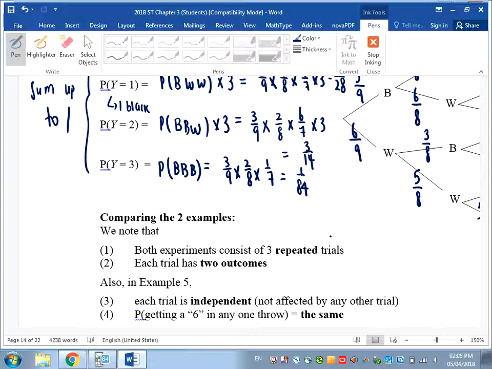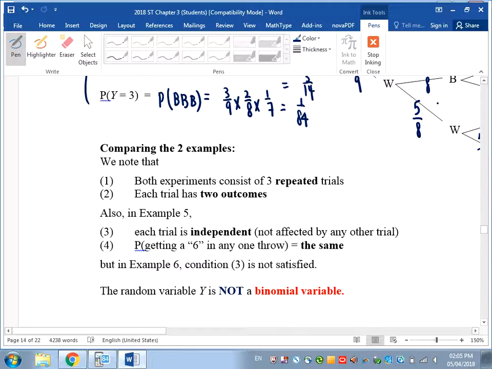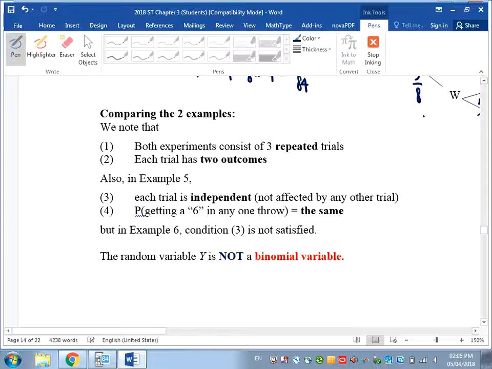Also in example 5, each trial is independent. Probability of getting a 6 in any throw is the same. But what about for the current experiment that we are doing? You notice that condition 3 is not satisfied, meaning the trials are not independent.